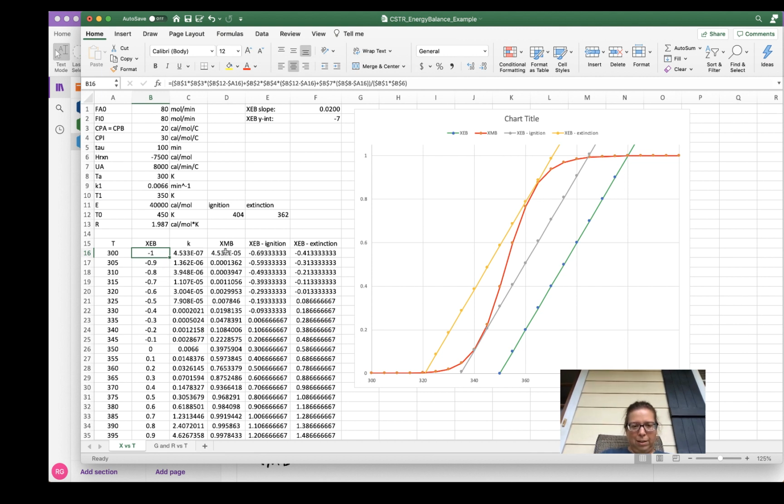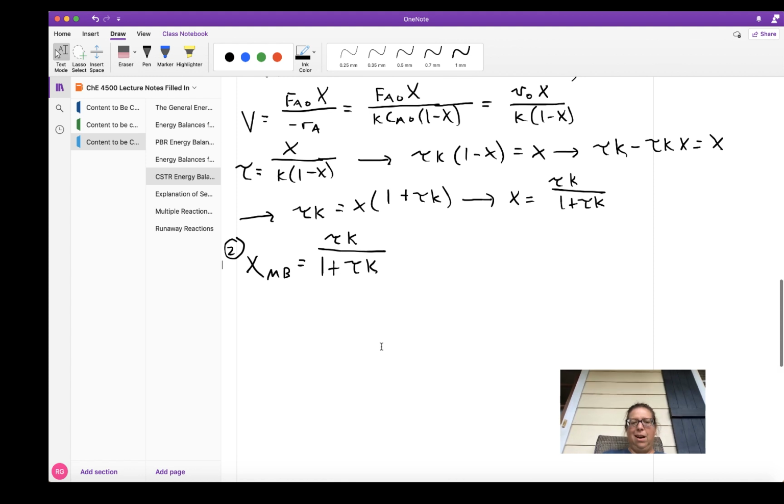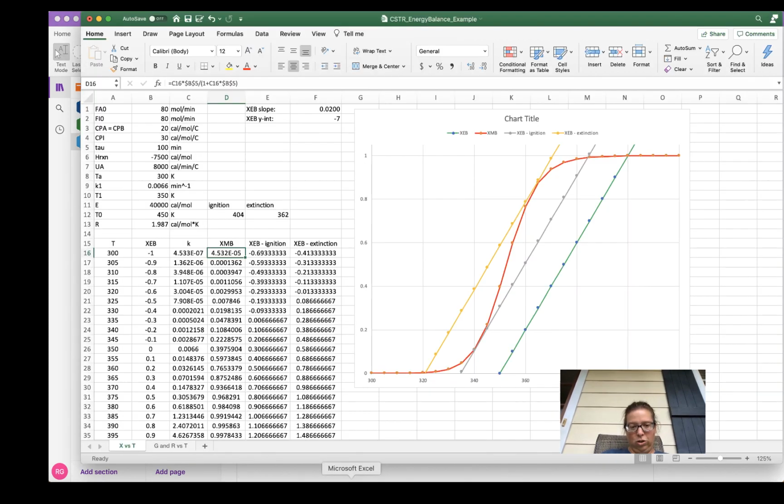The mole balance is here. It's not as simple, because before I can solve the mole balance, I need to take into account the temperature dependence. The temperature dependence comes from k, which follows an Arrhenius equation. So I'm going to make a separate column for k and write k as a function of temperature.